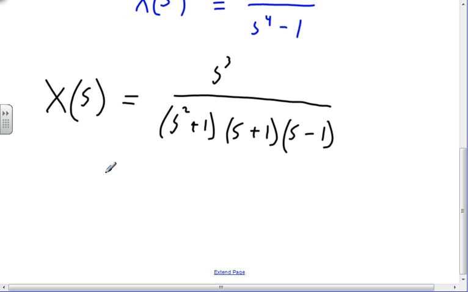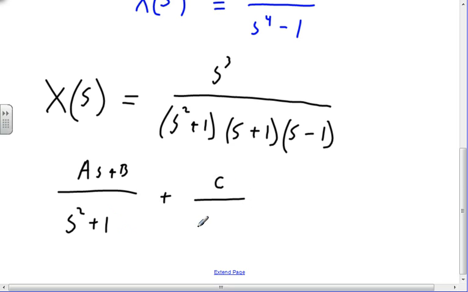All right, so I'm going to do a partial fraction: (As plus B) over (s squared plus 1), plus C over (s plus 1), plus D over (s minus 1).